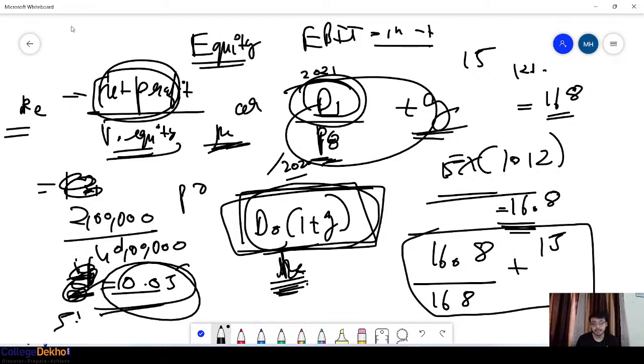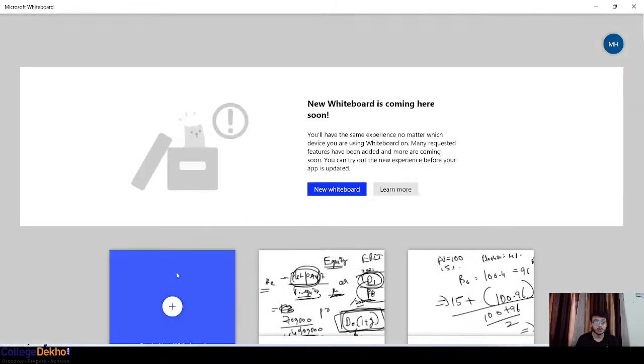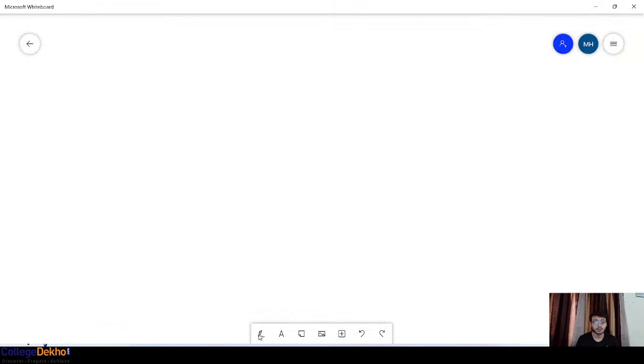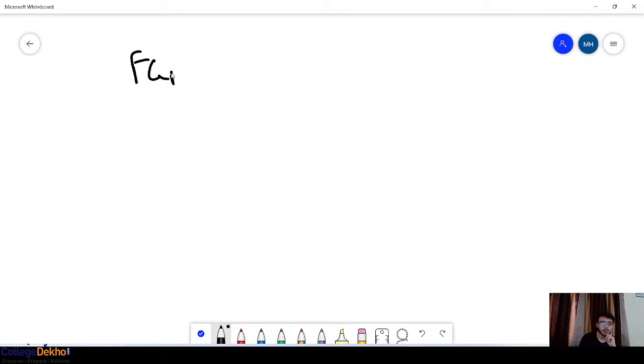But in the question they might also ask you to calculate your price. See, I'll go to the blank one. I'll tell that to you in a better way. Assume in the question they gave you, if you want to calculate basically the future rate of cash flows, or the future growth rate of dividends. So for that you have a formula which takes into consideration the cost of equity also.